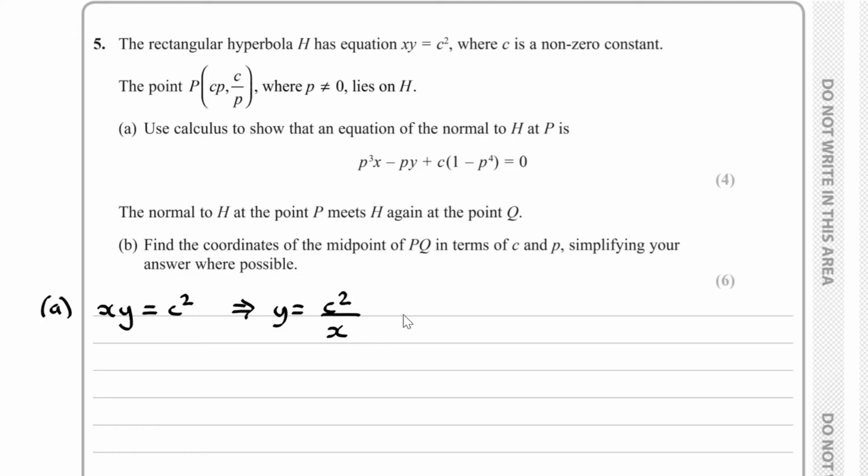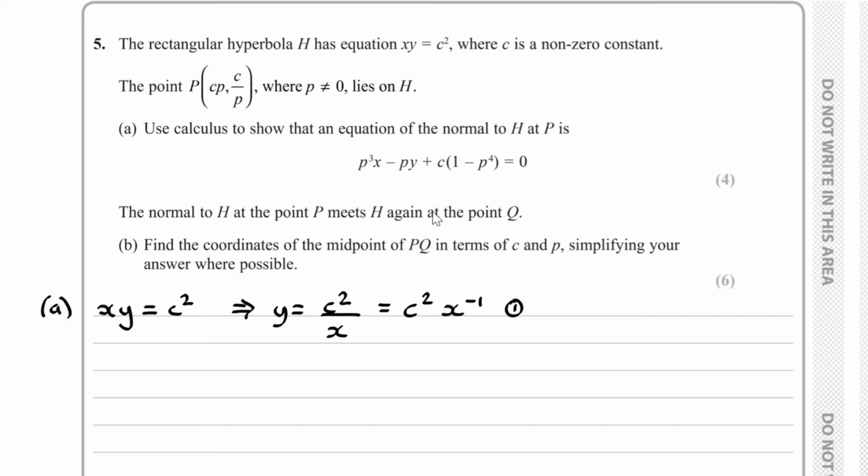And I will call this equation 1, we might need it later on. Now, this equation over here, we can rewrite this as c squared times x to the power of minus 1. The reason I want to write it in this form is because I want to differentiate this equation so I can find out what the normal is at P.